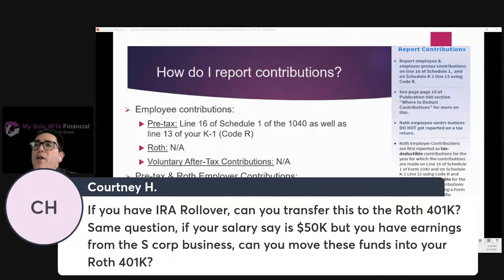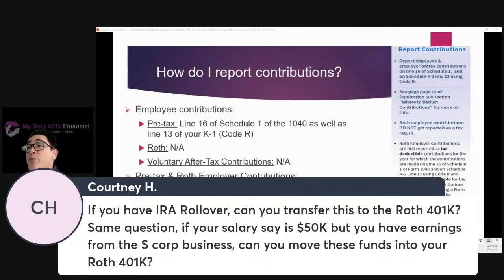If you have an IRA rollover, can you transfer this to the Roth 401k? Great question. So as we had talked about in one of the earlier questions, if you have money in a Roth IRA or after-tax money in an IRA, it cannot be transferred to any type of 401k, including a solo 401k. That's because of those IRA rules.